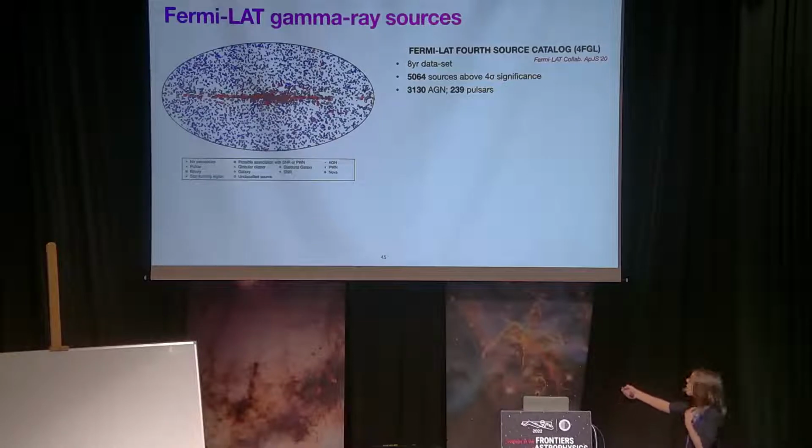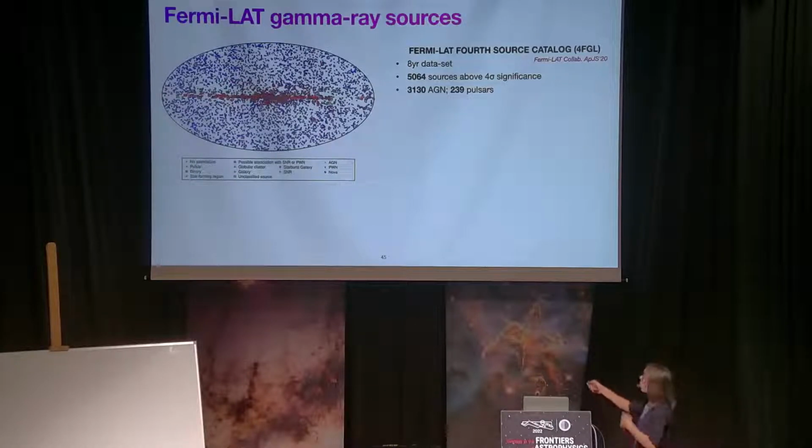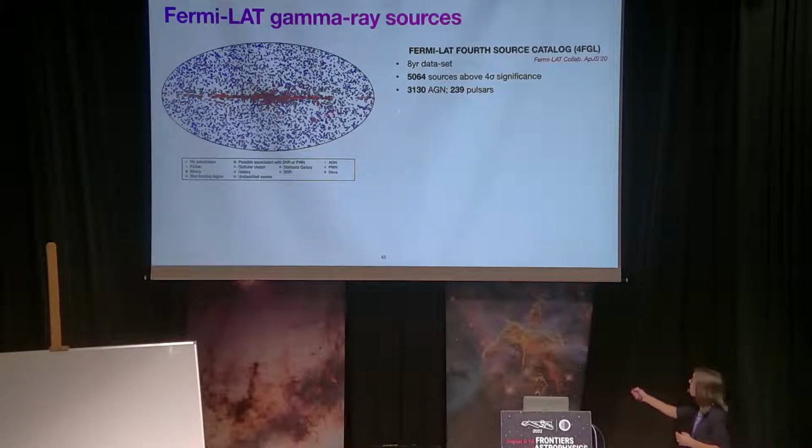And then you go back to your multi-wavelength knowledge of astrophysical emitters like AGN or star-forming galaxies or catalogs of supernova remnants or pulsar wind nebulae that you have accumulated through other observations. You do a cross-match, basically just a positional cross-match mostly.